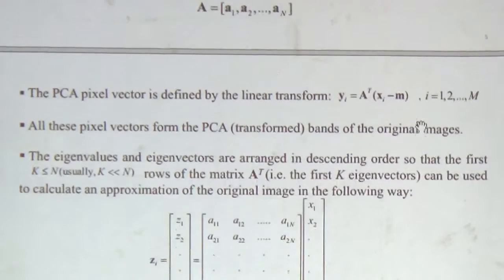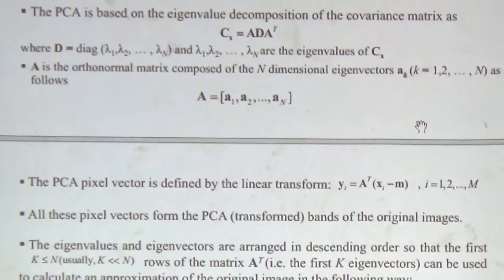And what is the reason for that? This is a forward transformation, right? I am able to reconstruct yi from x by using this matrix A. How can I get x from yi? What should I do? I'll give you a hint. This A matrix is orthonormal.